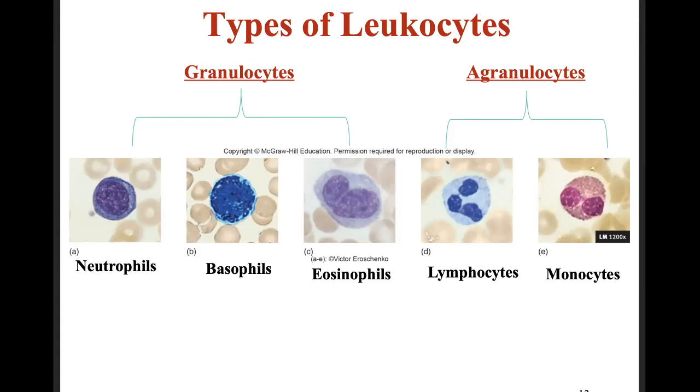From the term itself, granulocytes contain granules, while agranulocytes do not have granules. For granulocytes, we have three examples here: your neutrophils, basophils, and eosinophils. While for your agranulocytes, we have your lymphocytes and your monocytes.